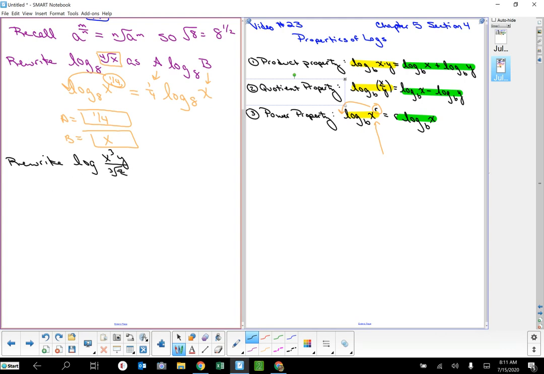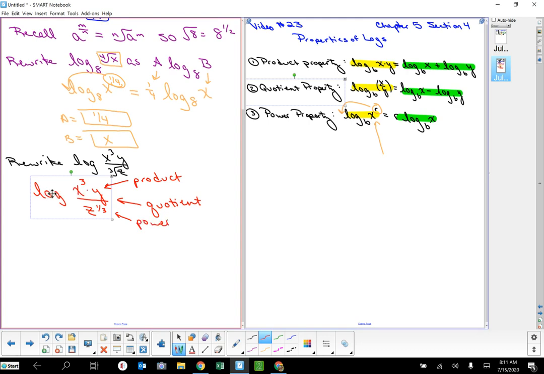So again, I'm going to rewrite as log x to the 3rd times y, so I know I have a product in there, over z to the 1/3. So here's a product. Here's a quotient. And within that quotient is a power.